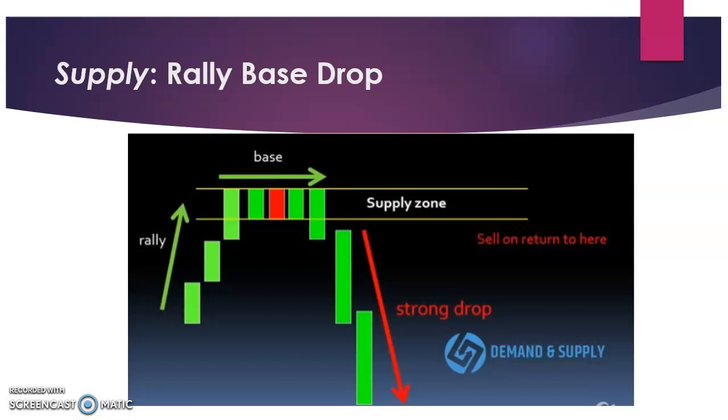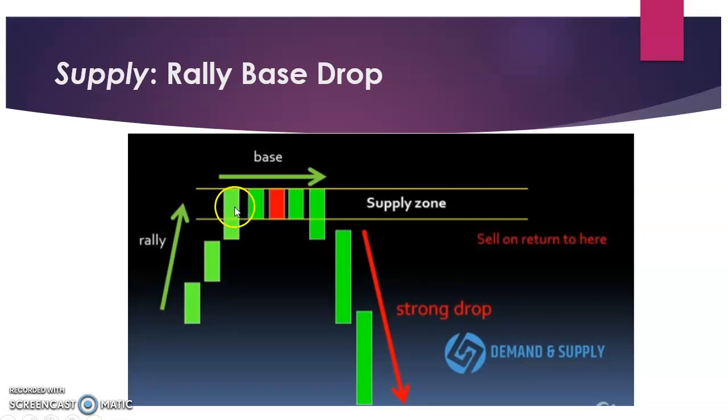Now when you're talking about supply, we have two types of supply. We have what we call rally base drop. You remember when we say rally, it simply means price going up, and when we say drop, it simply means price is going down. Look at this example.